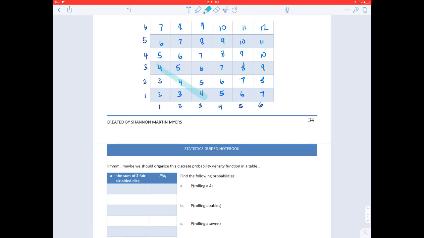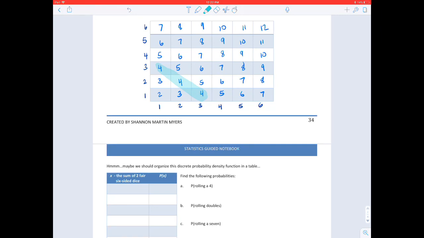You see right here, these are all the ways you can sum to 4, right? So you could get a 3 and a 1. You could get a 2 and a 2. You could get a 1 and a 3. All right, so that takes care of all possibilities. Well, there's 3 ways that event can take place, the event of rolling a 4.